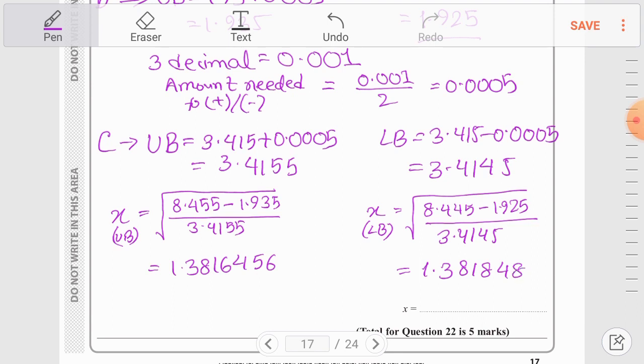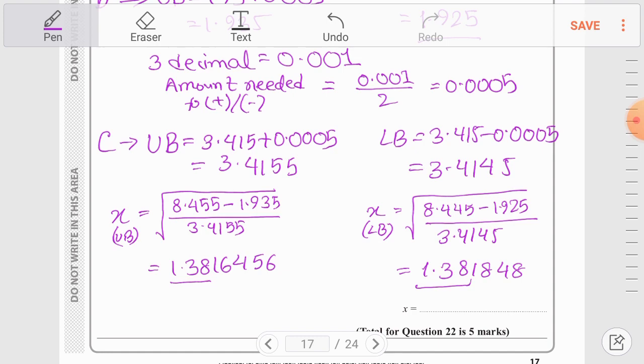Now up to a certain level, up to certain decimal places, both the upper bound and lower bound values are similar. We can say this for 3 significant figures, like 1.38, 1.38. If you round both values of x, upper bound and lower bound, to 3 significant figures, you're going to get the exact same number.